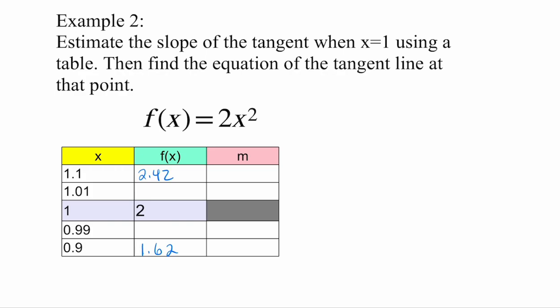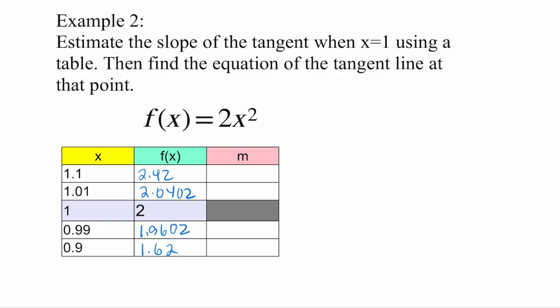So now we're only 100th away. So 2 times 1.01 squared is 2.0402. And then 2 times 0.99 squared is 1.9602.